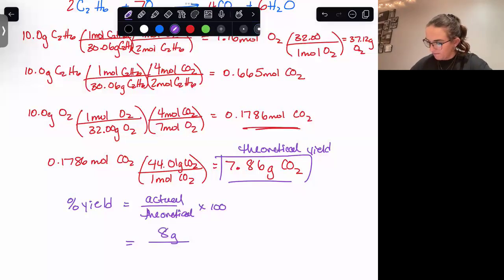We collected 8, and our theoretical was what we just found, which is 7.86. And what do we get for a percent yield?